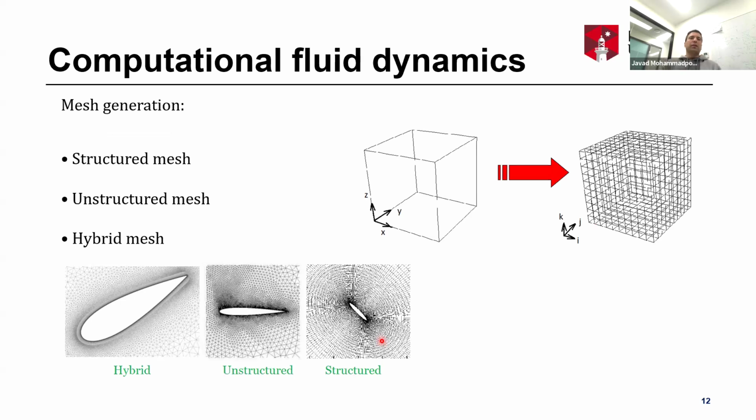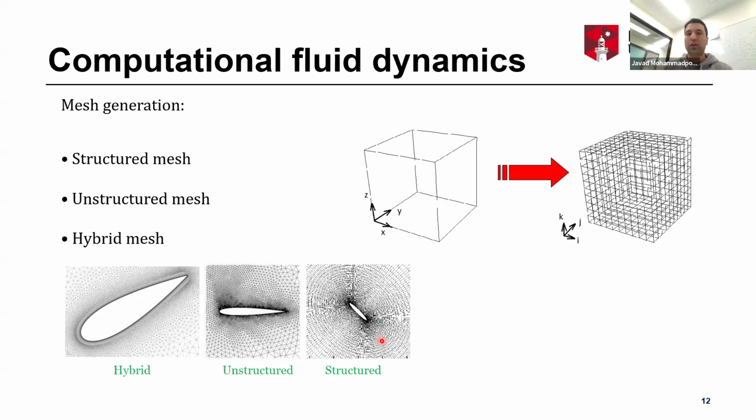So when I say mesh generation, it means that we need to break down our geometry. We need to consider a geometry, create the geometry in CAD software, or even in your own software, for example in FDS, which we are doing today through some script.